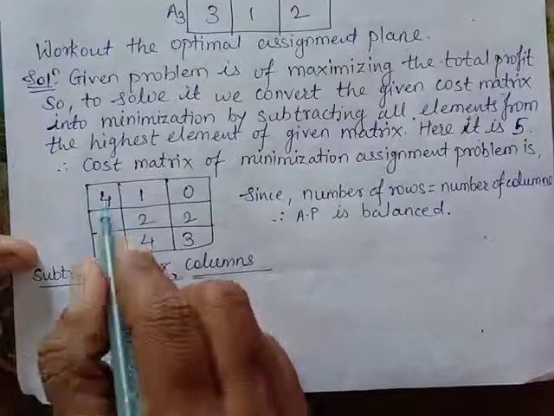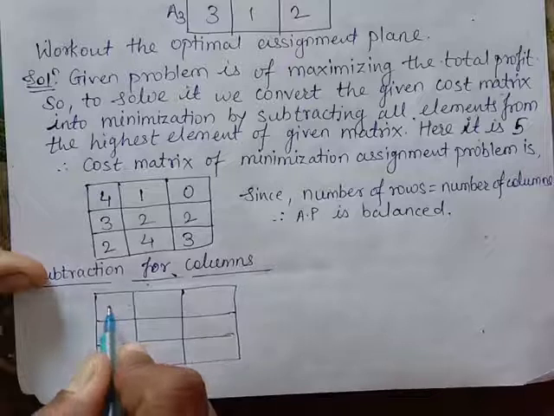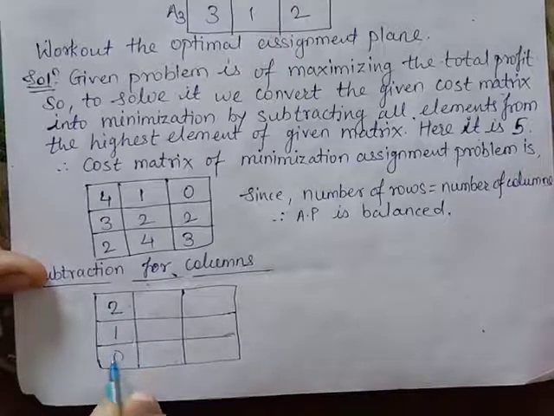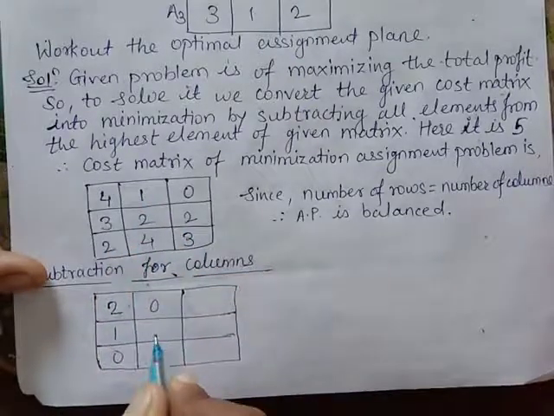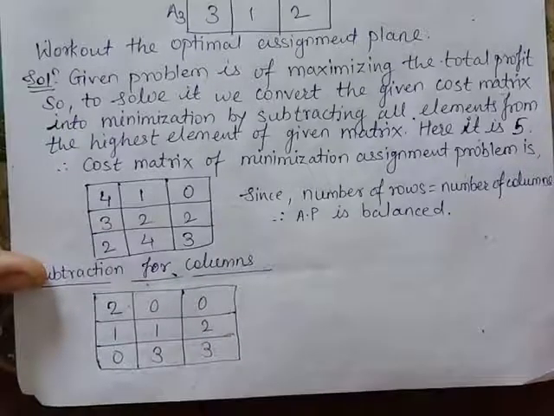What is the minimum in this column? 2. So subtract 2 from each and every element of that column. So 2, 1, 0. Here the minimum is 1. So 0, 1, 3. Here the minimum is 0 itself, so it is as it is.